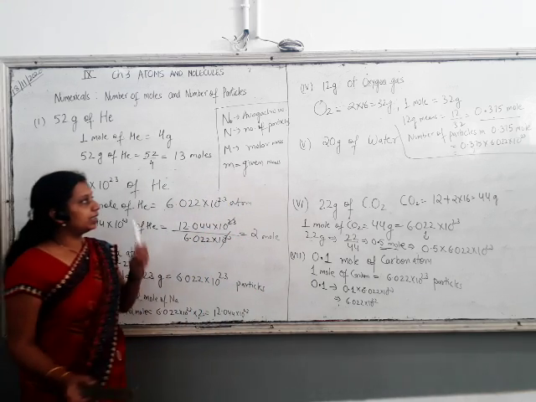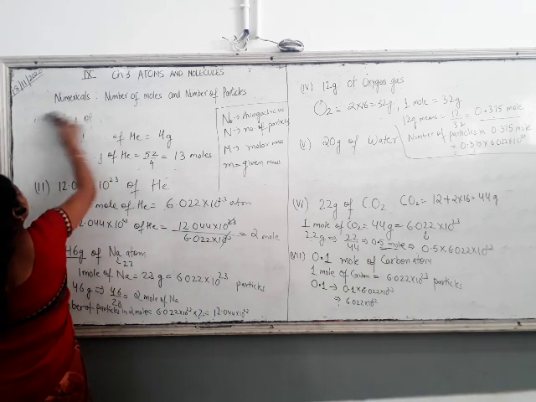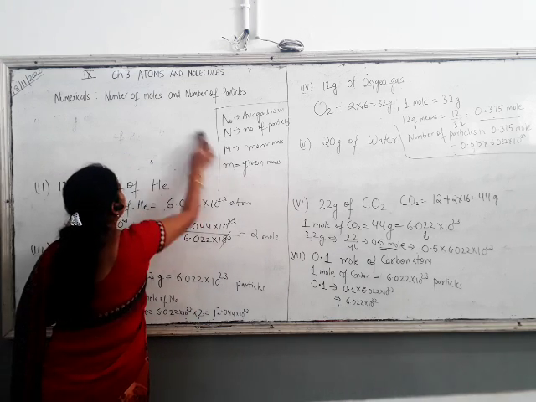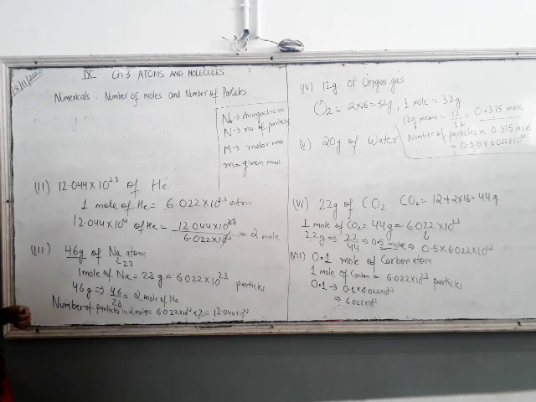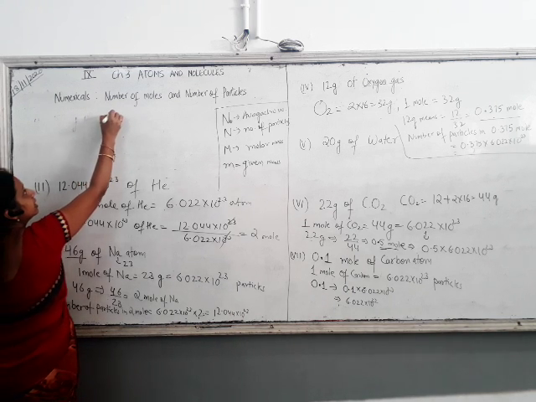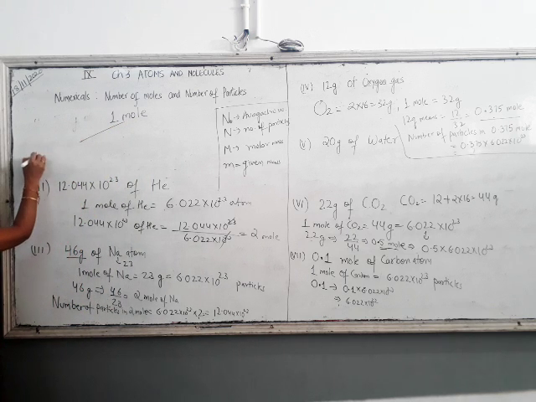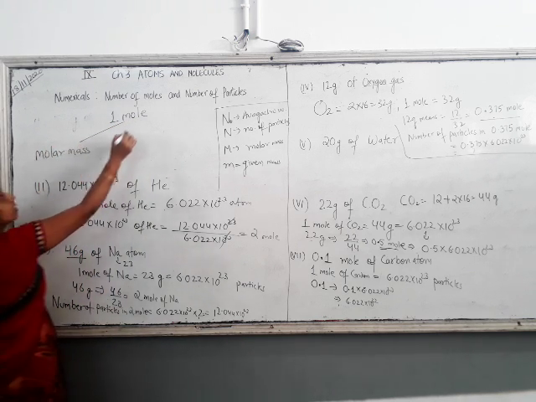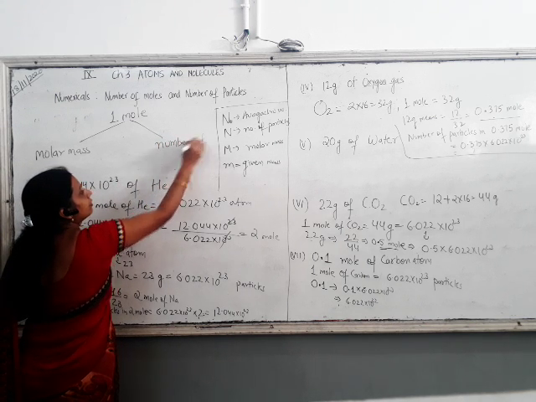So the most important thing that you have to remember, this I will write here. Whenever doing numericals like this, the most important thing that you have to remember is 1 mole you can write in terms of molar mass or molecular mass, or you can write in terms of number of particles.